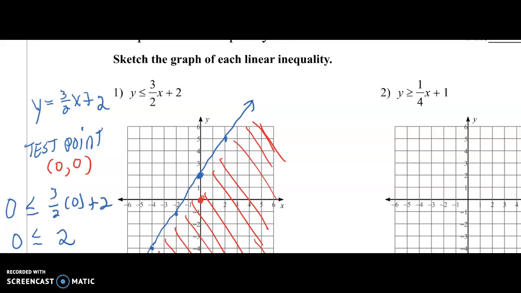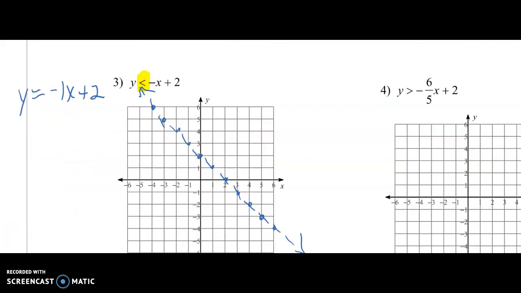Going back to example number 1, we graphed a solid line, a normal looking line, because the inequality has the "or equal to" option. So if you have the "or equal to" option in your inequality, you're going to be graphing your boundary line as a solid line. If it doesn't have the "or equal to," your boundary line is going to be dashed.